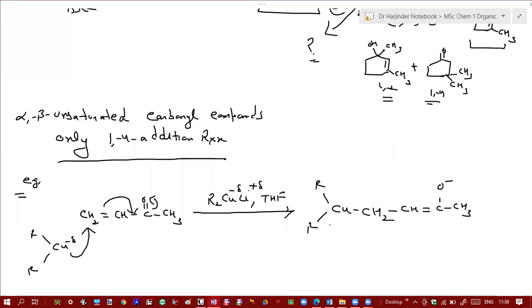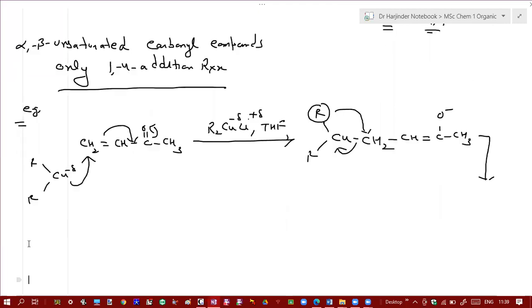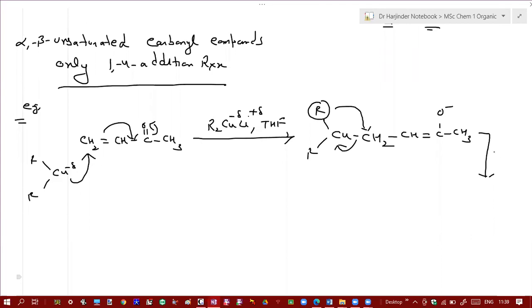Then transfer of the alkyl group takes place. One of the alkyl groups gets transferred to carbon and this copper-carbon bond breaks. So there's a loss of alkyl copper, and this gives rise to CH2R, single bond CH, double bond CO negative, CH3.